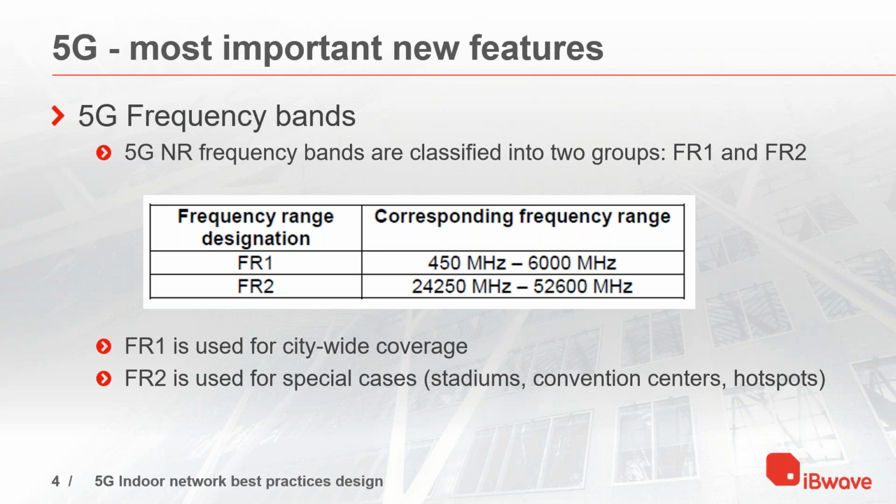And that would be FR1. FR2 is what we colloquially call millimeter wave frequencies, and it goes from about 24 gigahertz to about 52 gigahertz. And those frequencies are good for designing large networks with a very dense number of subscribers. Dense in terms of the number of subscribers per square meter. And those are stadiums, convention centers, and other various hotspots. Whereas FR1 is used for citywide coverage.